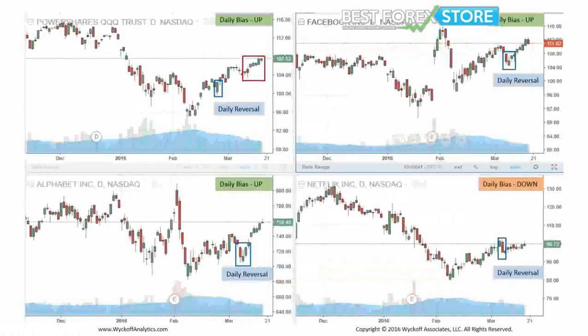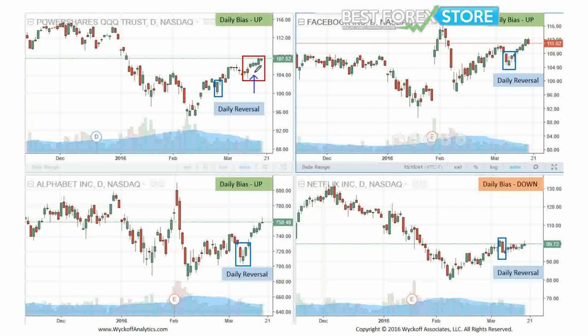So let's look at this. The first thing that you're still going to do is look at the daily bias. So here are the daily charts for all 4 instruments. All of the trades that we're going to look at are going to be in this area right here.